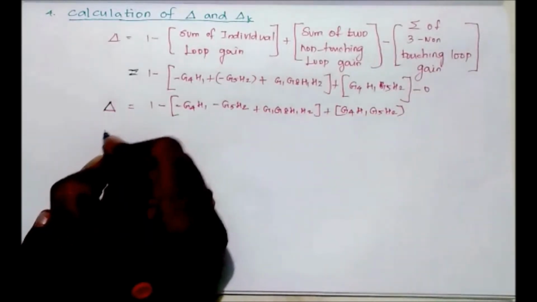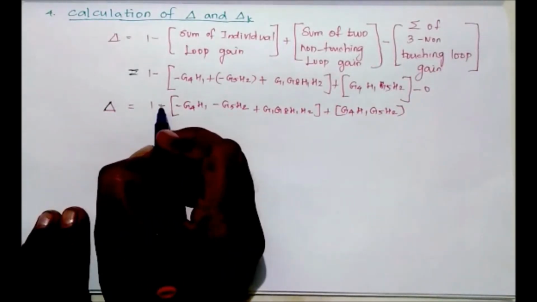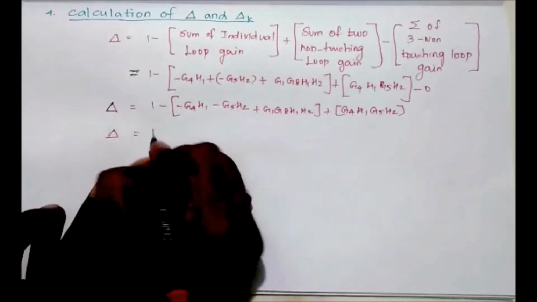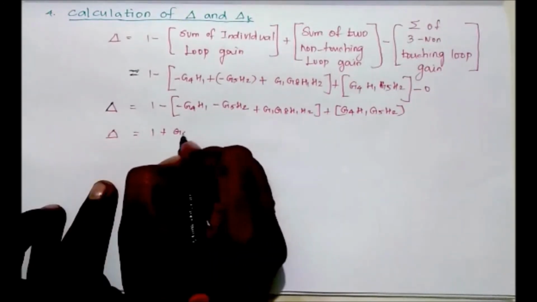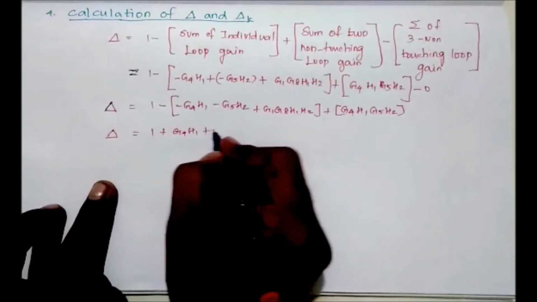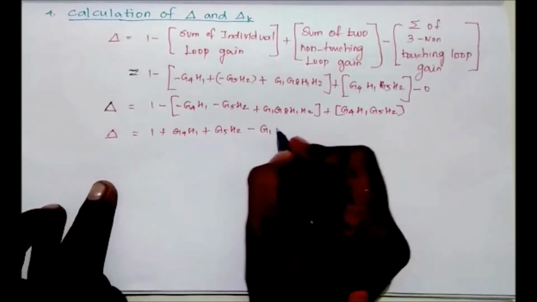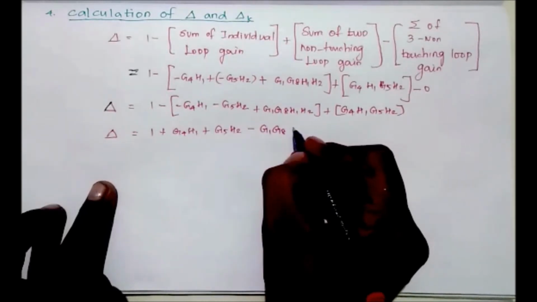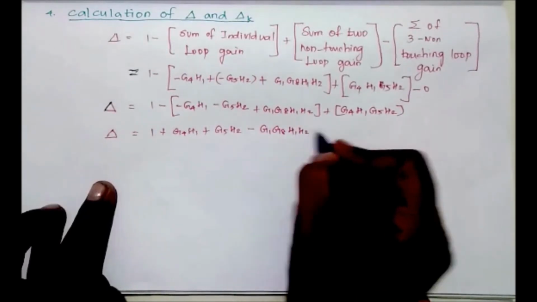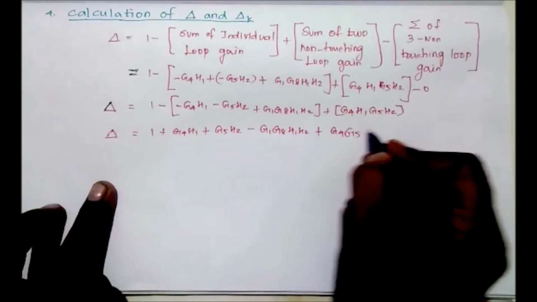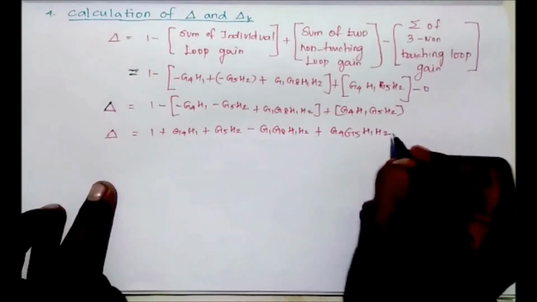So now we have to multiply this minus inside. So finally we will get del equal to 1 plus G4 H1 plus G5 H2 minus G1 G8 H1 H2 plus G4 G5 H1 H2.